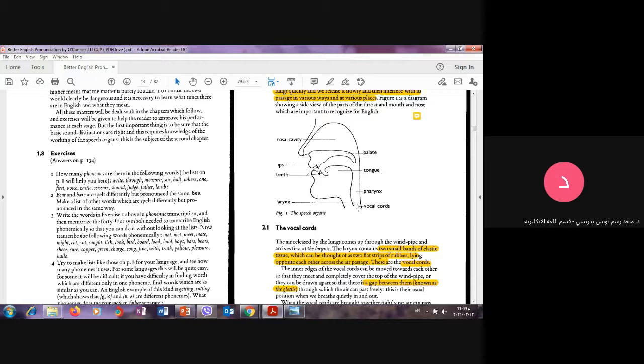Having defined the vocal cords, now we'll talk about the function. What functions do the vocal cords have in speech sound production? They can be used to produce three types of sounds.